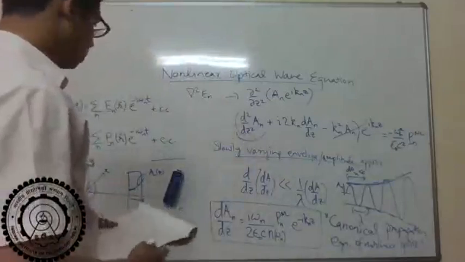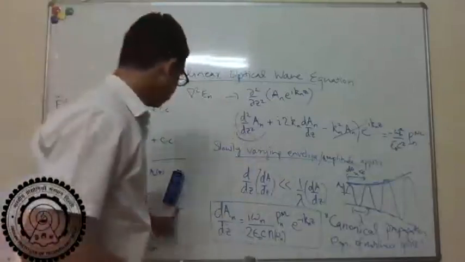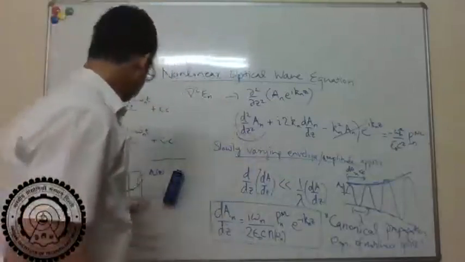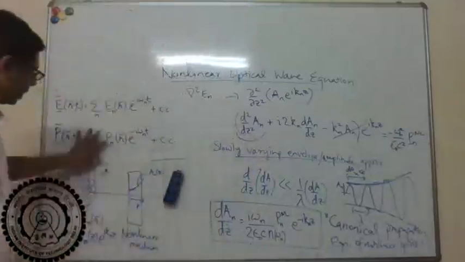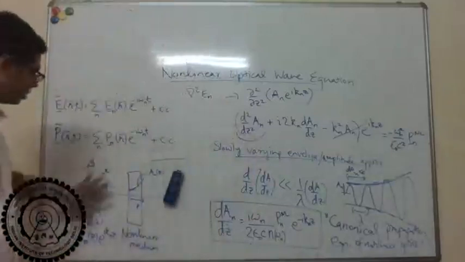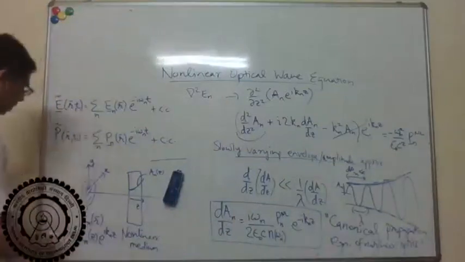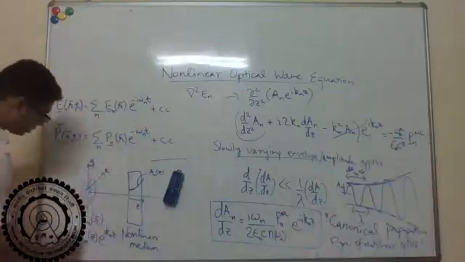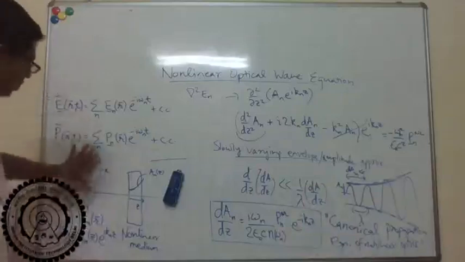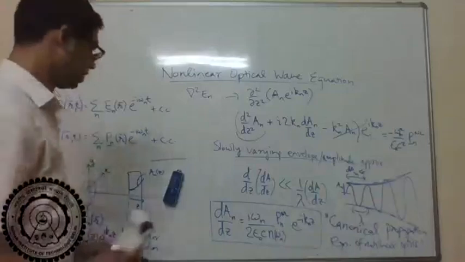Just a note: for plane waves, we don't have to worry about the transverse profile here. But if you take some fiber or waveguide mode, typically you have some mode profile, let's say u of x,y in the transverse plane.